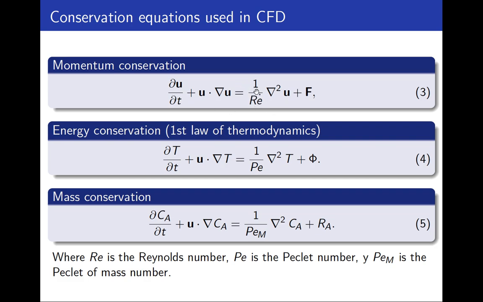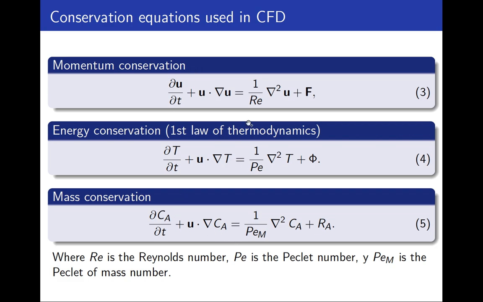You are probably familiar with this dimensionless number, which is the Reynolds number, that compares convection with diffusion of momentum. And then you can notice that equation 4 and equation 5 look very similar, mathematically speaking. Here in equation 4 we have the energy conservation, and then in equation 5 we have the mass conservation equation.